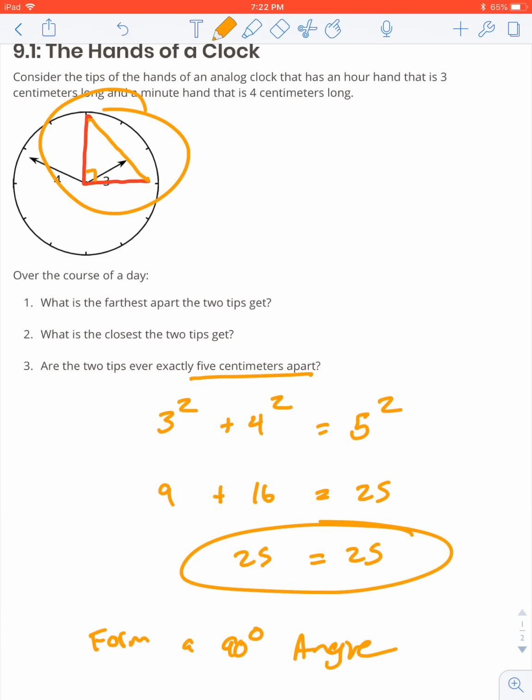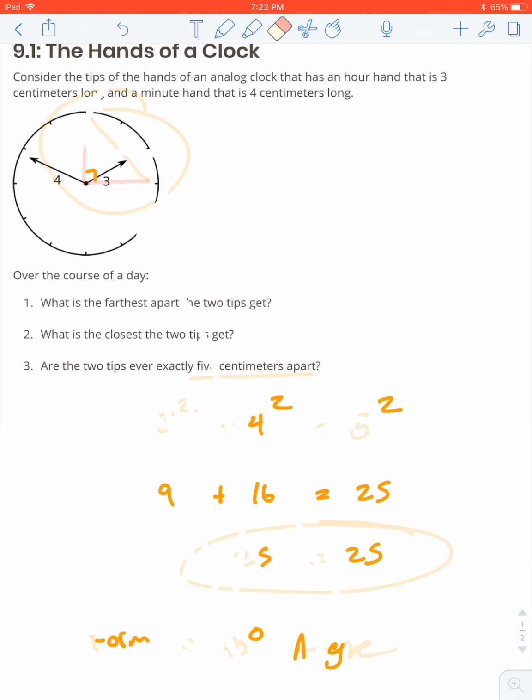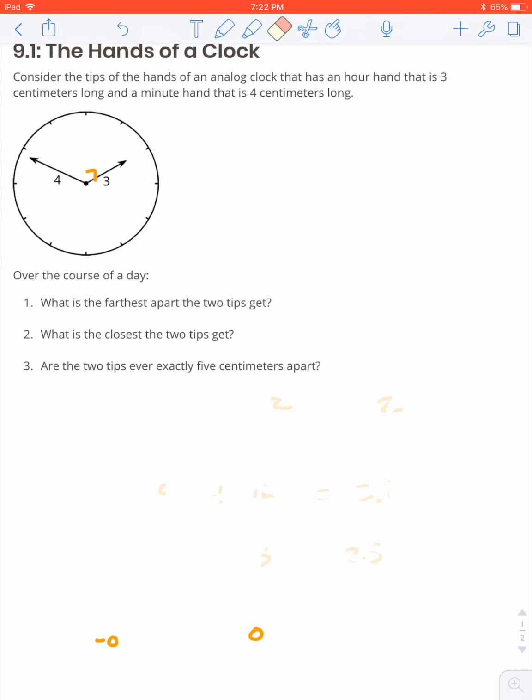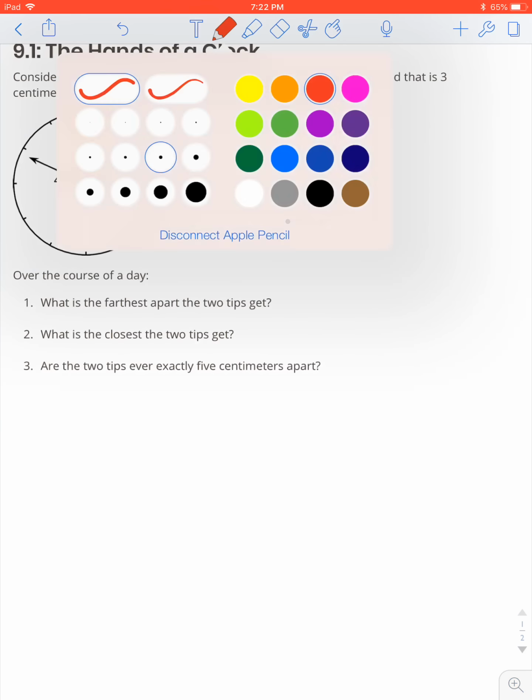Okay, so here's another question that I kind of want you to briefly just think about, and there's no correct answer for this. Well, there is a correct answer, but I just kind of want you to ponder it. So a question I have for you is, imagine that you have 2 hands that start in the exact same location. So they both go up. Okay.